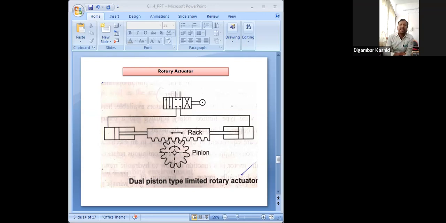Such rotary type air cylinders are normally used in lathes, grinders, or spinning machines. Also, we have other machines with a rotary spindle. So these are the two types.